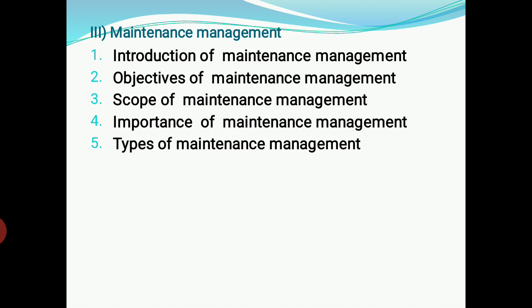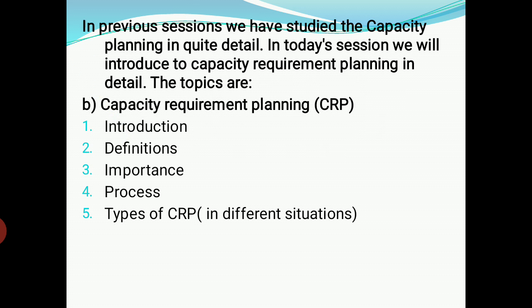Now, in the previous session we have already seen what is capacity planning, right, quite in detail. And right now in this session we'll be taking up CRP, which is commonly known as capacity requirement planning. Capacity planning and capacity requirement planning are a little bit different in the sense that here we will focus more on, say, labor, or maybe the work hours, or maybe the materials that are required, right?